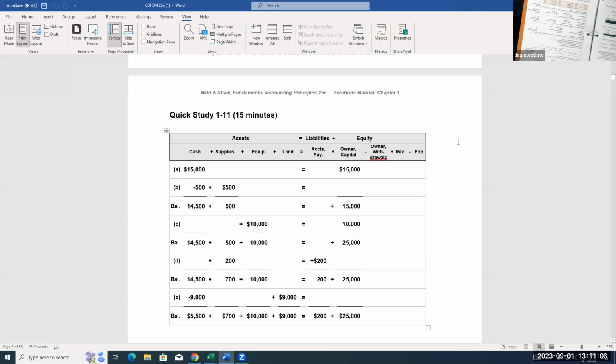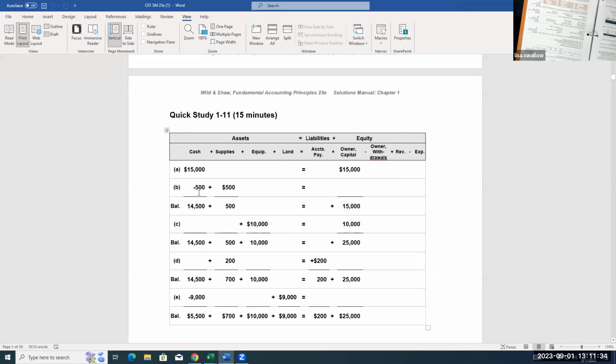There's never any mystery about what the top row looks like. Assets equals liabilities plus equity. The question is, what are the assets? What are the liabilities? In this example, there's only 4 assets: cash, supplies, equipment, and land. And there's one type of liability, accounts payable. And then, of course, here's your capital, withdrawals, revenues, and expenses.